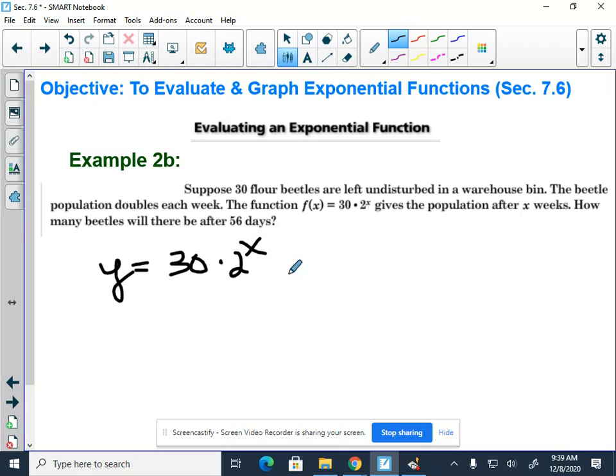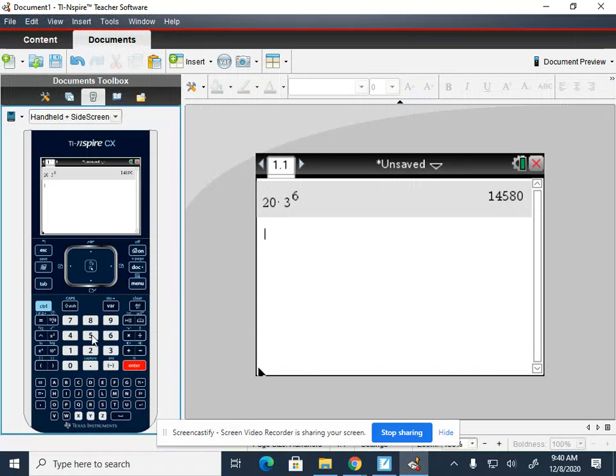Now, how many beetles will there be in 56 days? So we're not going to put 56 in there because 56 is in days. We have to come up with how many weeks have gone by. How many days in a week? So what do we do with the 56? We should get 8 weeks.